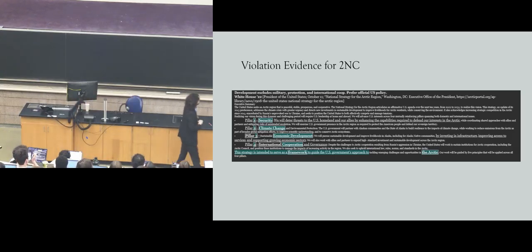And in the 4-pillar approach defined by Obama in 2014, which both Trump and Biden have basically recycled, the Arctic is developed into 4 pillars. We have development, cooperation, climate change, and security, which would seem to imply that the climate, security, and cooperation parts are all distinct from the development parts.